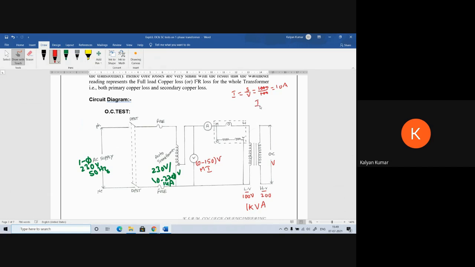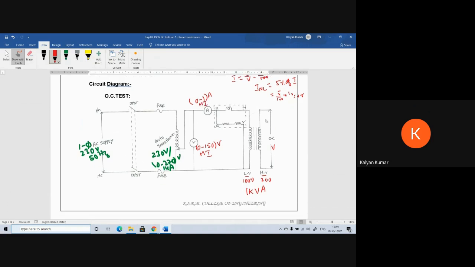Therefore, I no load equal to 5% of I, which is around 0.5 amps. So I am using 0 to 1 amp for the ammeter. It is of MI type.